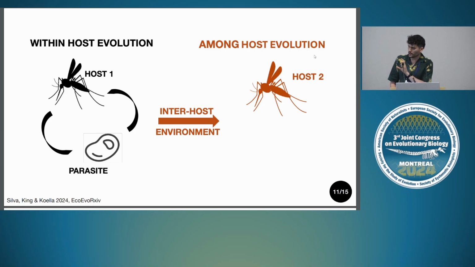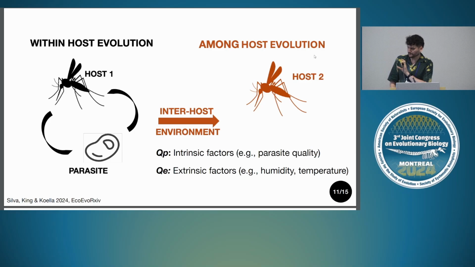So we took a focus on the interhost environment, and in this opinion piece we thought about the different factors that can affect the survival or the transmission potential of a parasite during this interhost environment, and we separated them into two. What we call QP is basically intrinsic factors for the parasite, for example parasite quality.